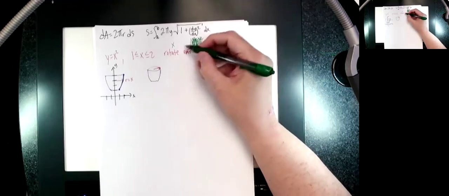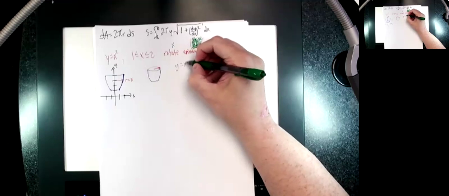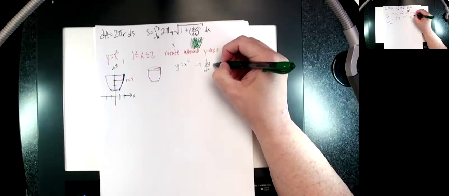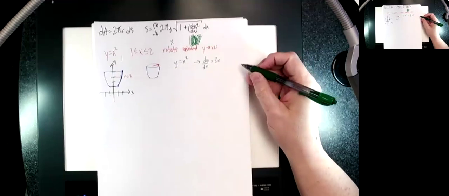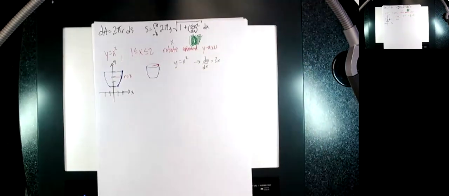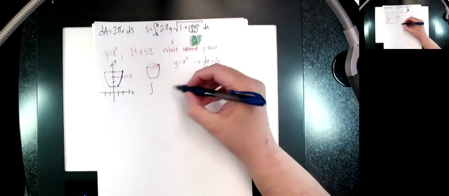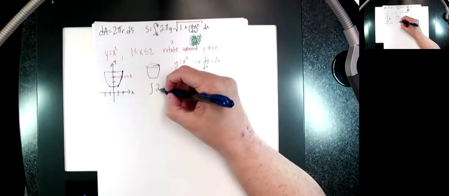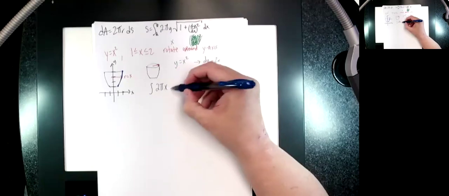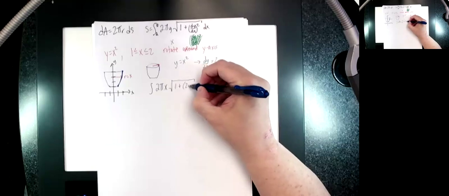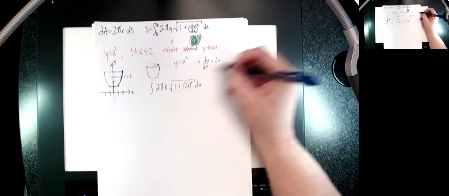All right, so y is x squared, so dy dx is 2x. And our radius is x. I'll put in the limits of integration afterwards. We have 1 plus 2x squared dx.